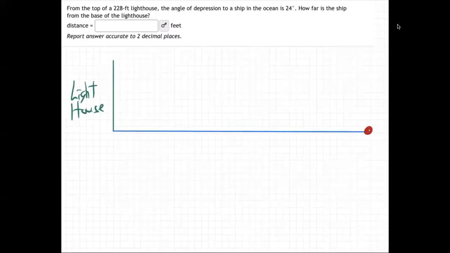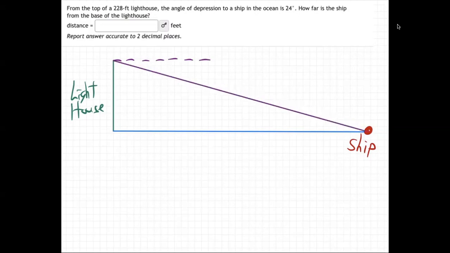This will be the ship, and it says the angle of depression. So there's the horizontal, the straight line. And this is the 24 degrees angle of depression.